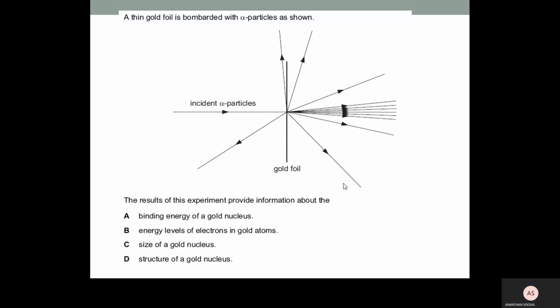You never go for the structure of the gold nucleus. Structure of the gold nucleus means what is inside the nucleus, which was never discovered. So only the size of the gold nucleus was discovered. Okay, the answer is C. Were they able to find at that moment that it contains protons and neutrons? No. So they did not know about the structure of the nucleus.